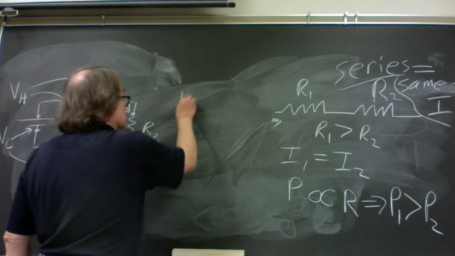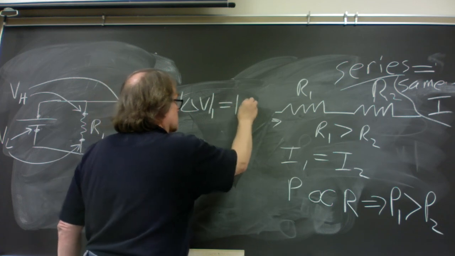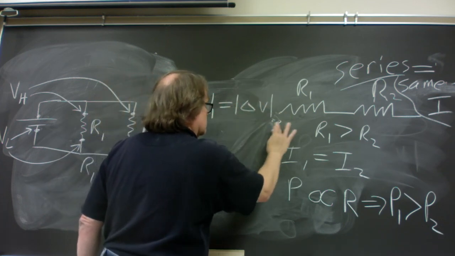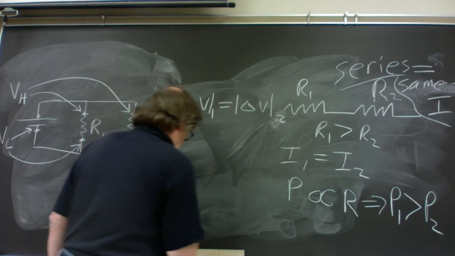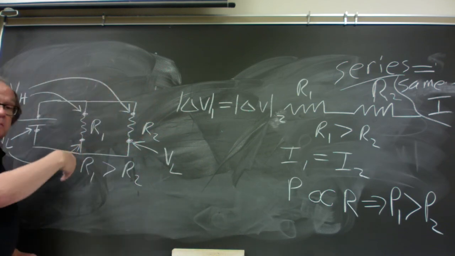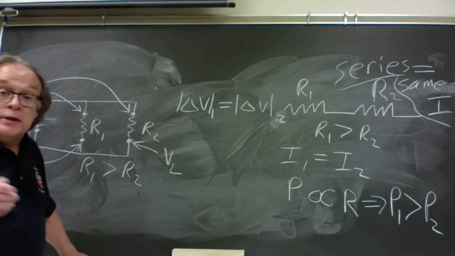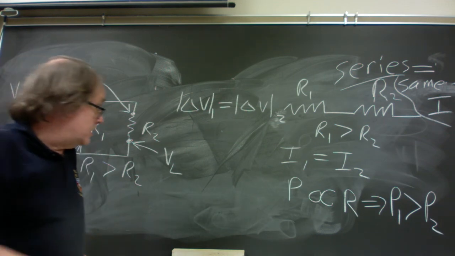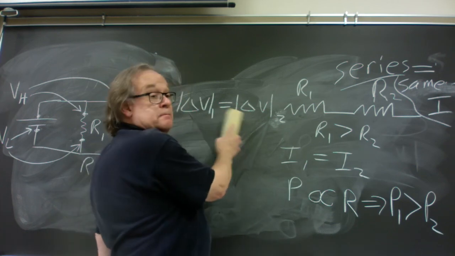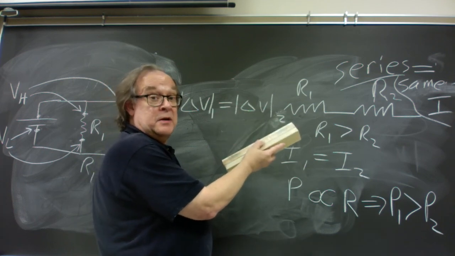So in that case, we have that. So same voltage, but different resistances. Of course, go back to Ohm's law, and that tells you you're going to get different currents in this case. But there's something else that the two circuit elements have in common.